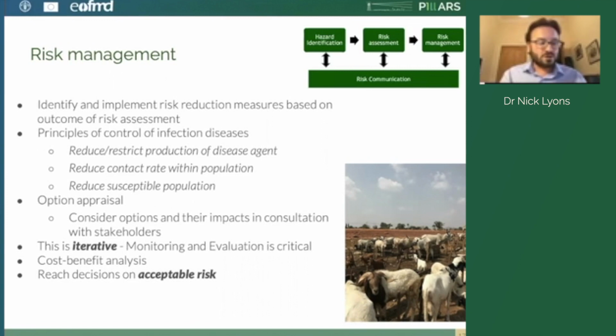And this whole process could be alongside a cost-benefit analysis as well. But through the stakeholder consultation, you need to decide, well, what is acceptable risk? And this can be very challenging, because what might be acceptable to some may not be acceptable to others. So this is an important thing to consider, and this is why stakeholder consultation is so important.